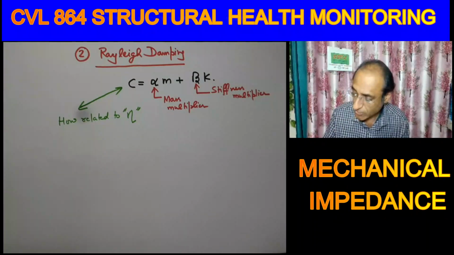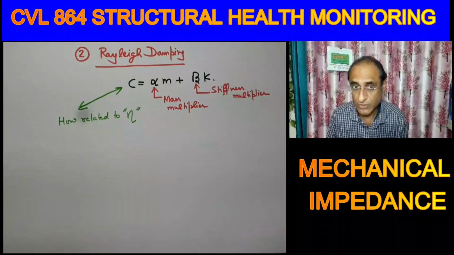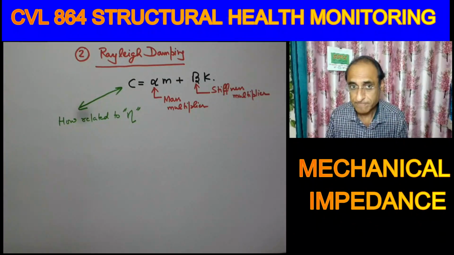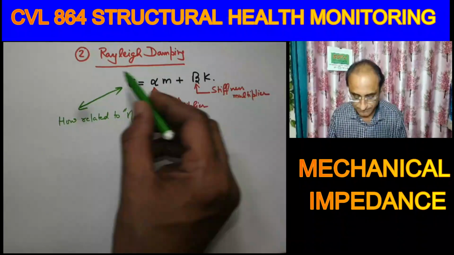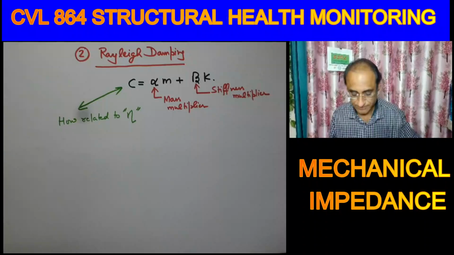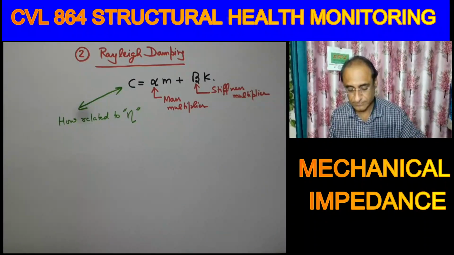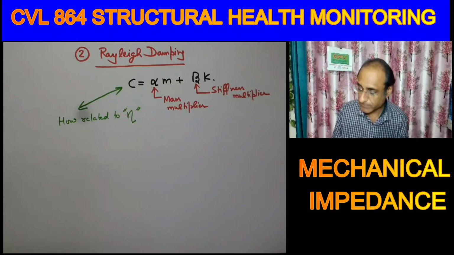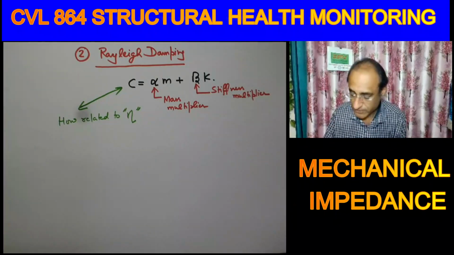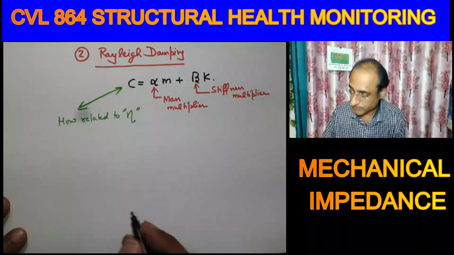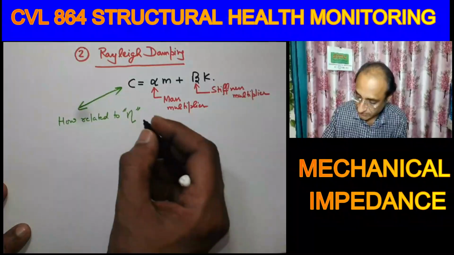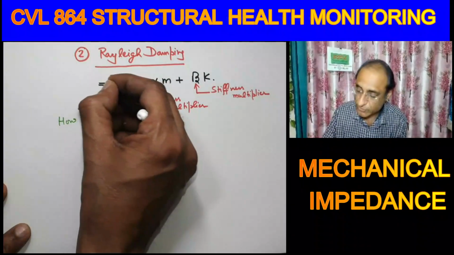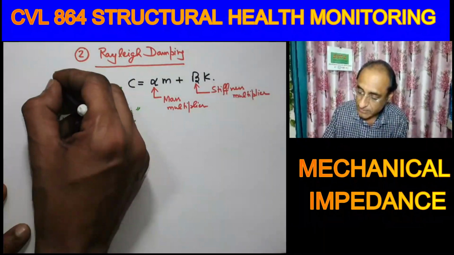So my question is, how is this eta now related to the Rayleigh damping? That's very simple, because we say that in terms of the mechanical loss factor, we can always write that C equal to eta k by omega.